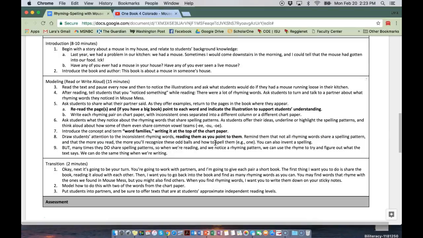So I want my students to know that when they hear that, that's a tool they can use to figure out what a word in the text says, but also to think about how they might spell a word when they're writing. Okay. After that, you can see all of the support that I've given them. You can see the focus of the lesson and how it's coherent across the lesson.